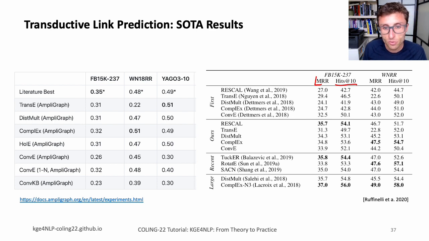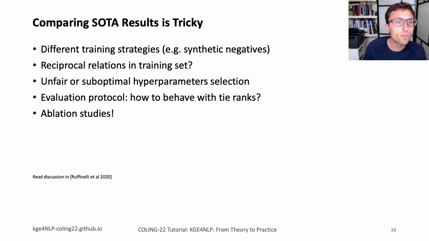Now, I'd like to point out a couple of aspects about comparing results. It's worth pointing out that comparing results is tricky, and you should be aware of a number of aspects that play a role in that. For example, what kind of training strategies are being adopted, or whether reciprocal relations have been injected in the training set, or whether you're dealing with an unfair or suboptimal model selection, or even what happens during the evaluation protocol.